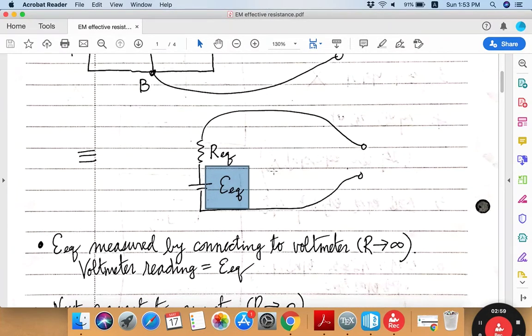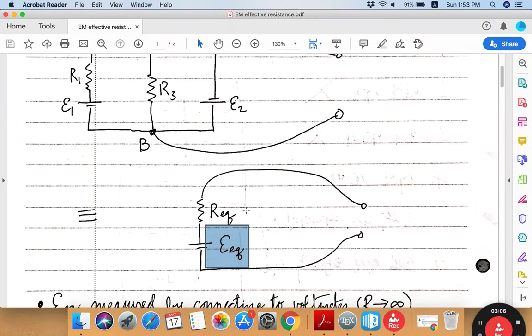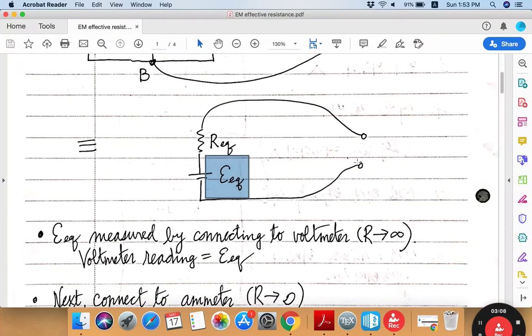So first of all, how would you measure the equivalent voltage? Well, the practical answer is that you can do so by connecting these two leads to a voltmeter. A voltmeter is a device that has an extremely large internal resistance by definition.